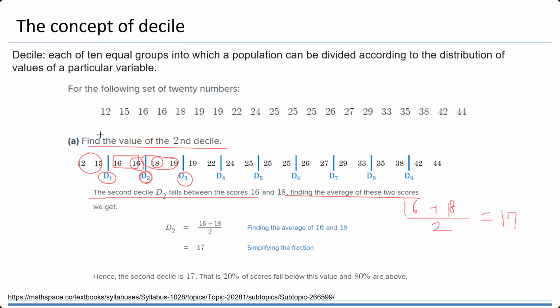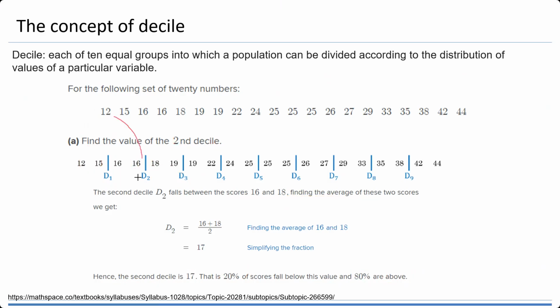So the value in the second decile is 17. Okay? The second decile is 17. There is 20% of the scores below this value and 80% are above. We call it, this is 20% below 17. Yeah, below 17 is 20% of the data.